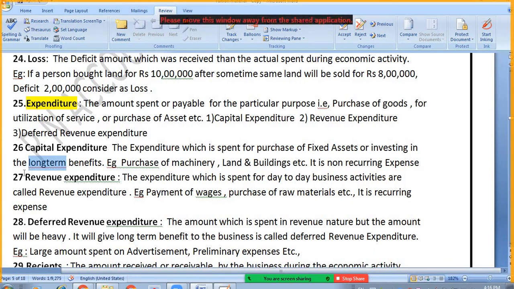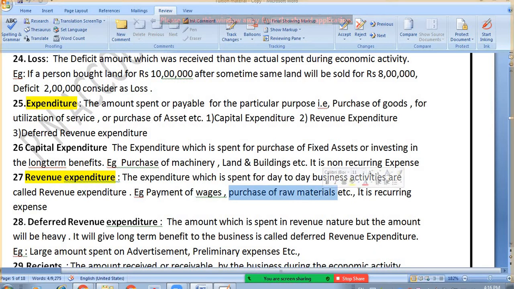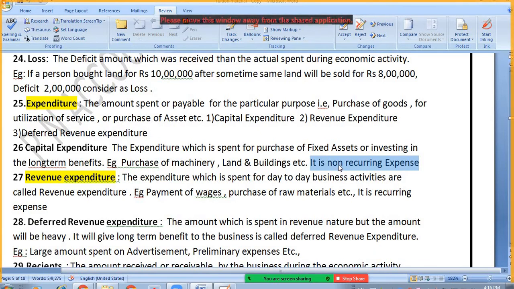Next one, revenue expenditure. The expenditure spent for day-to-day business activities is called revenue expenditure. Example, payment of wages, purchase of raw materials, etc. It is a recurring expense. Capital expenditure is non-recurring, which means it does not occur repeatedly.